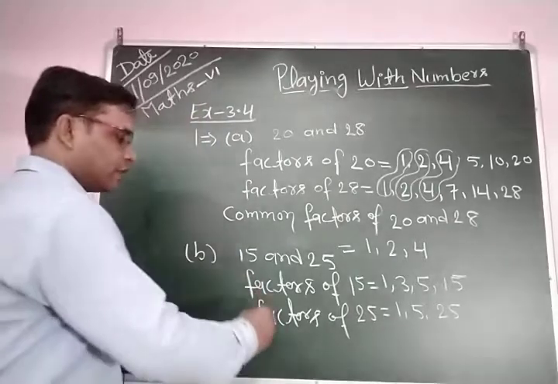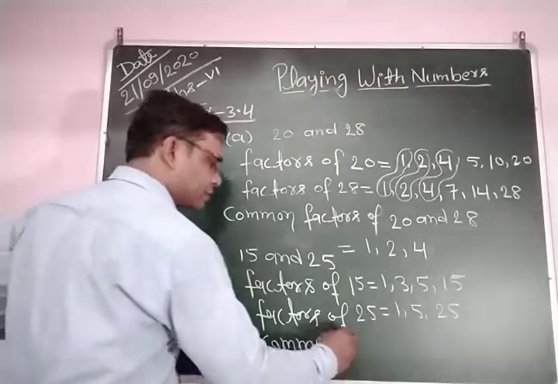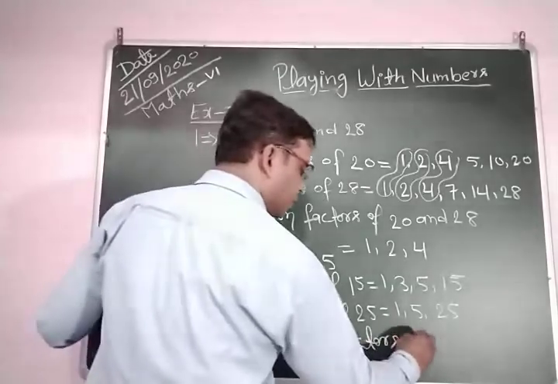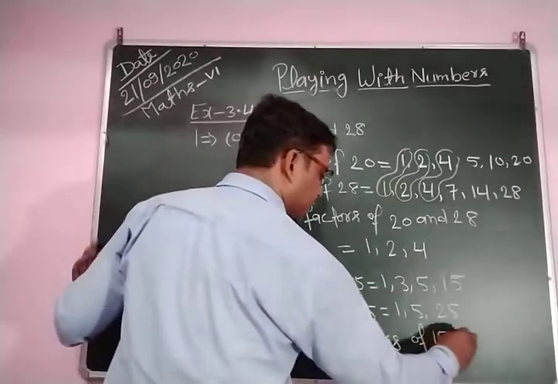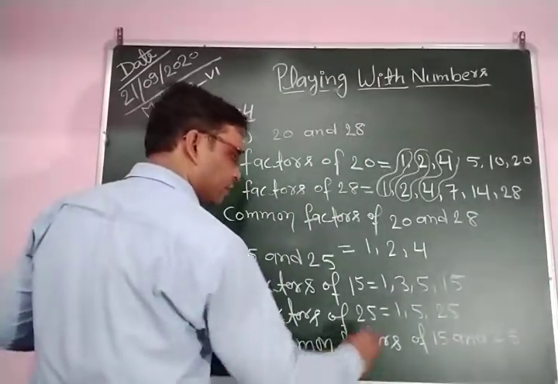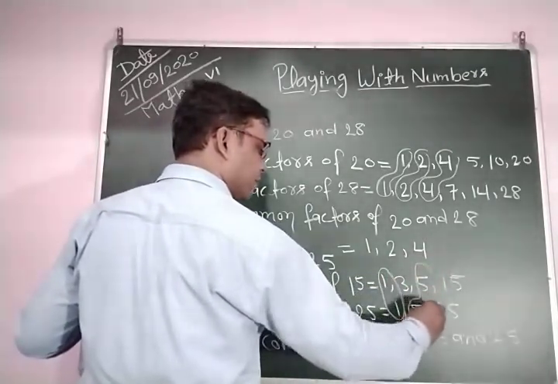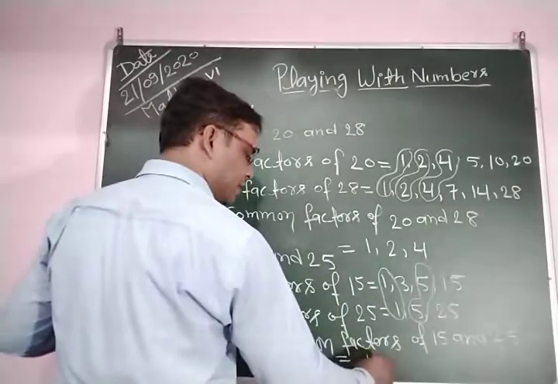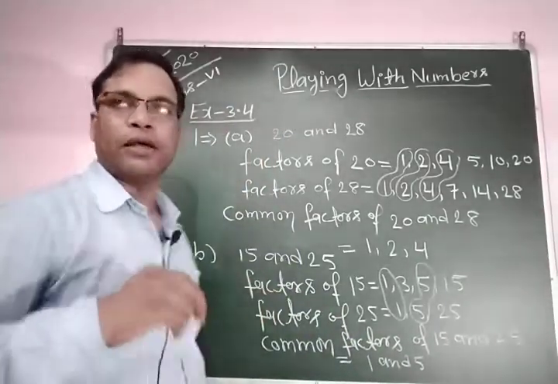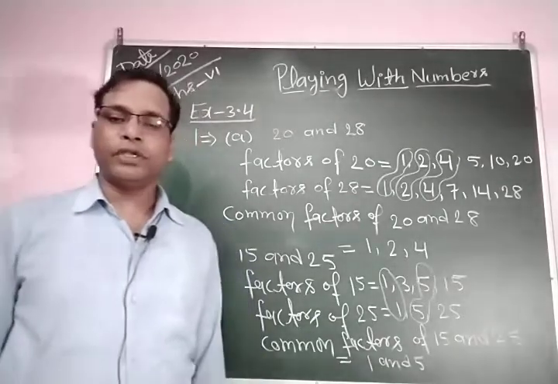So you can write here, the common factors of 15 and 25 are 1 and 5. 1 and 5 are the common factors of 15 and 25.